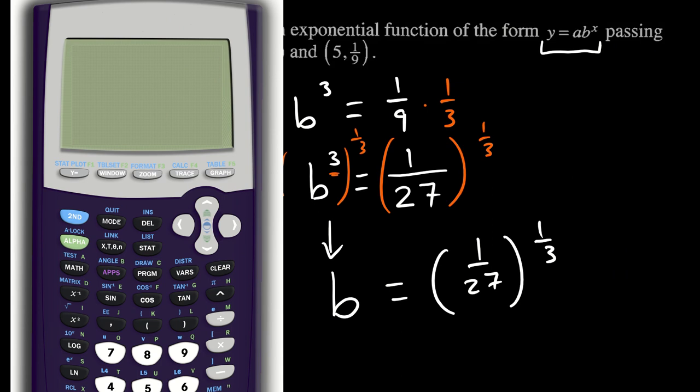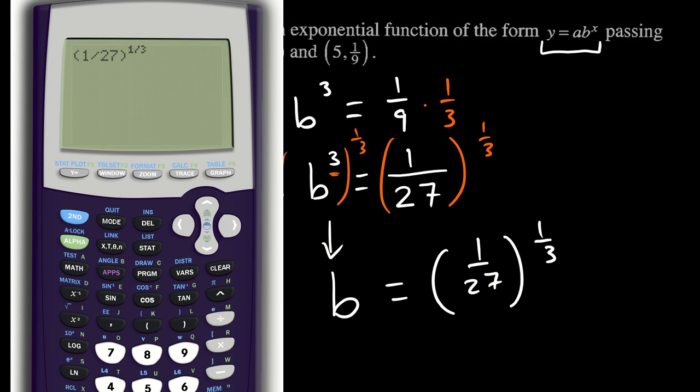So if I turn this on, I will look at the fraction 1/27th. There we go. 1/27th, and I'm going to raise that to the power of 1 divided by 3. And this calculator is making it very clear that this is raised to the 1/3 power. You want to be careful. If you do to the 1 and then divide by 3 on some of the other TIs, it might make it so that you're raising something to the 1st power and then you're dividing that result by 3.